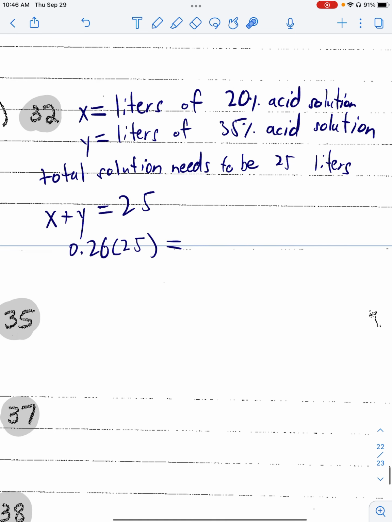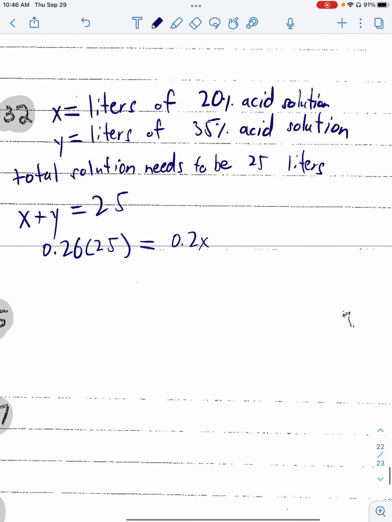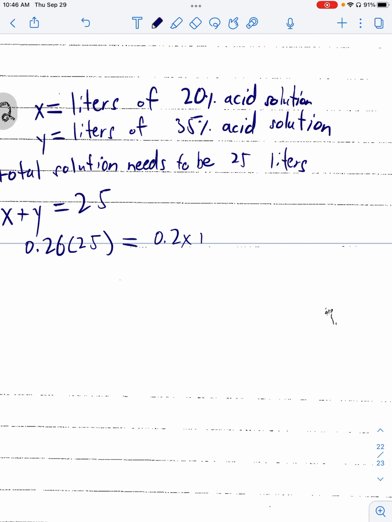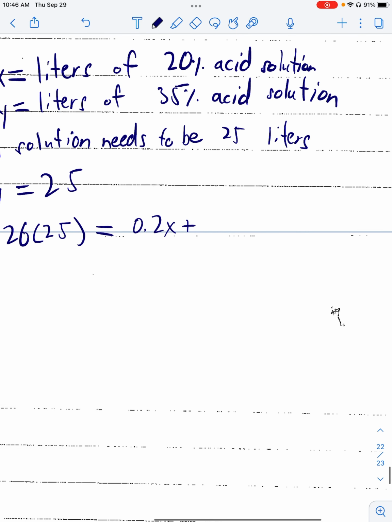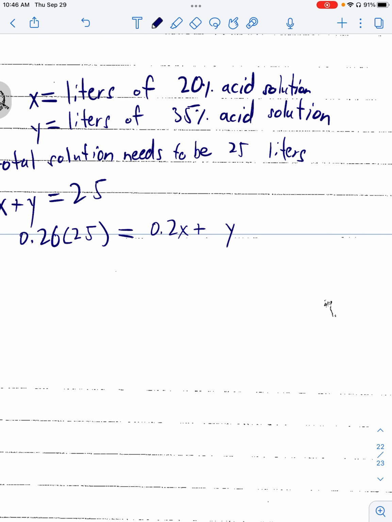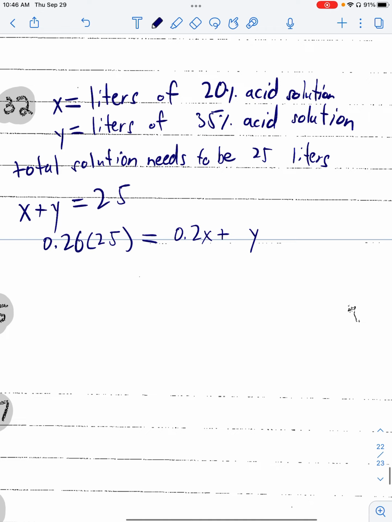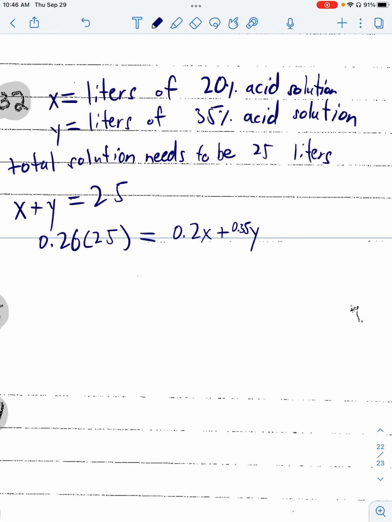That acid is going to come from the 0.2 of the X liters of my 20% acid solution, and the other part is going to come from the Y liters of my 35%, or 0.35, acid solution.